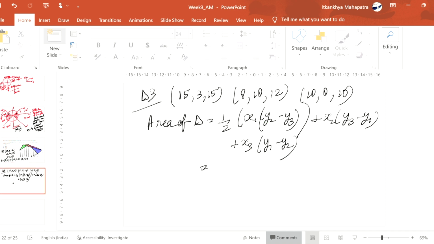So that will be half into 20 (12 minus 3) plus 18 (3 minus 0) plus 15 (0 minus 12). Now by calculating it, this will be 27.